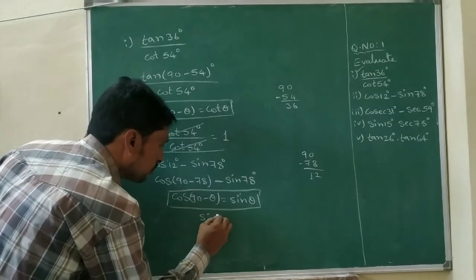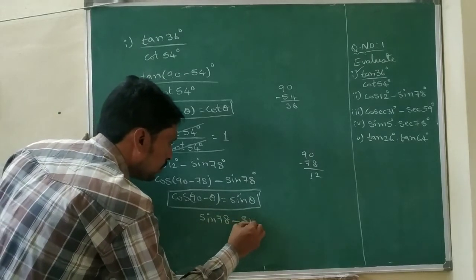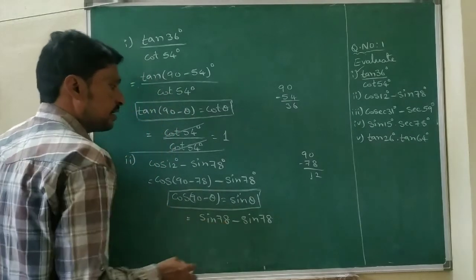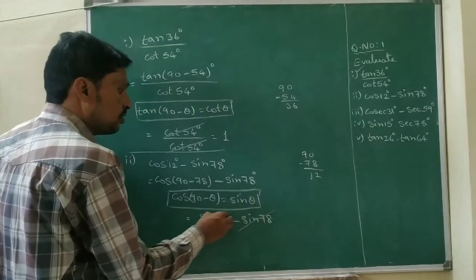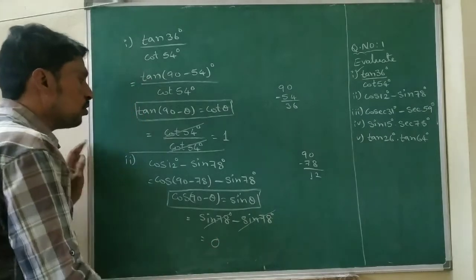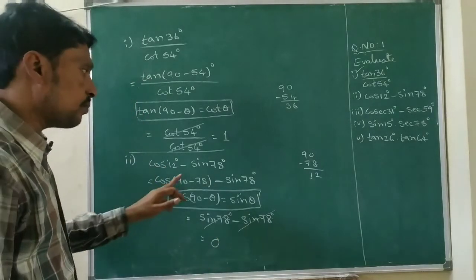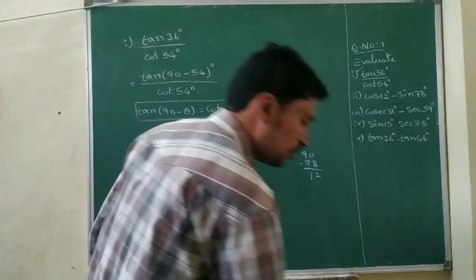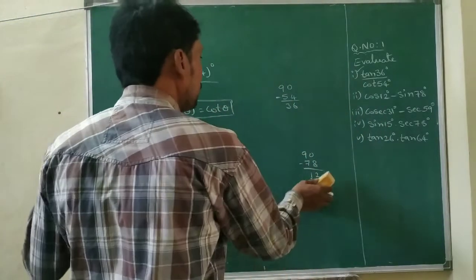So sin 78 minus sin 78. This is plus sin 78 and this is minus sin 78, so both cancel, and we get 0. So cos 12 degrees minus sin 78 degrees equals 0. This second one is also completed.